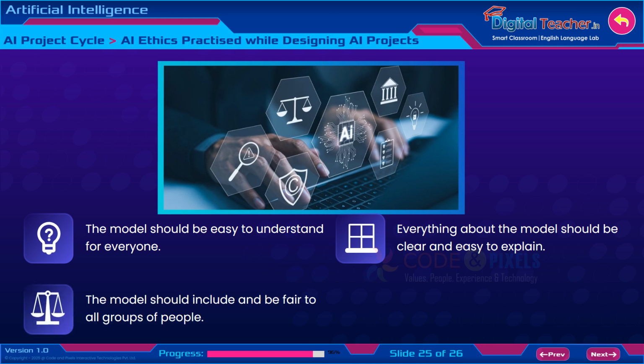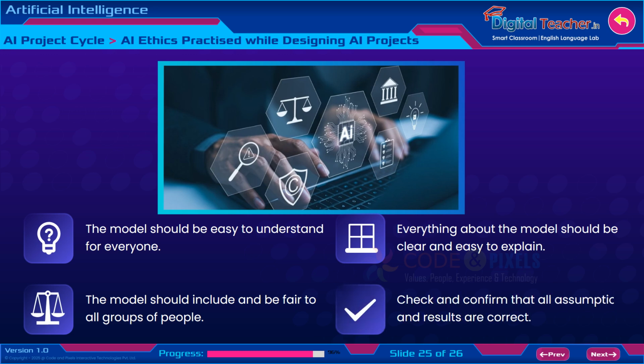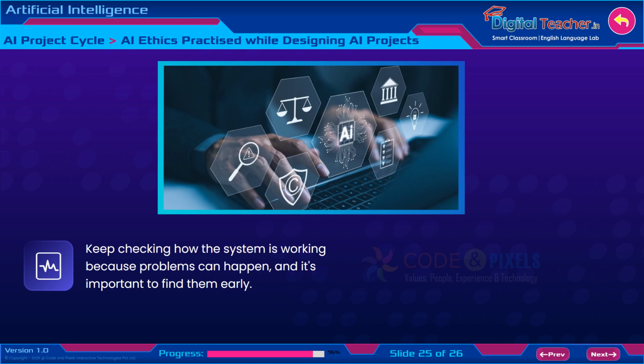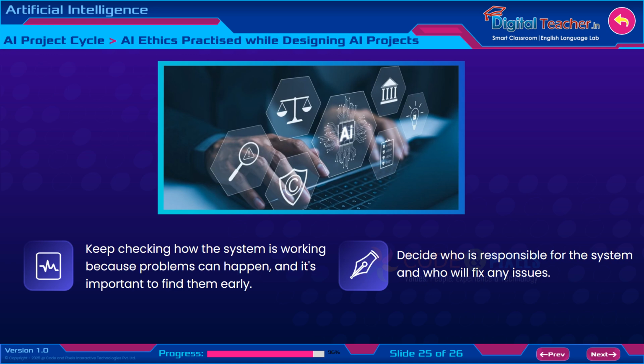The model should include and be fair to all groups of people. Check and confirm that all assumptions and results are correct. Keep checking how the system is working because problems can happen, and it's important to find them early. Decide who is responsible for the system and who will fix any issues.